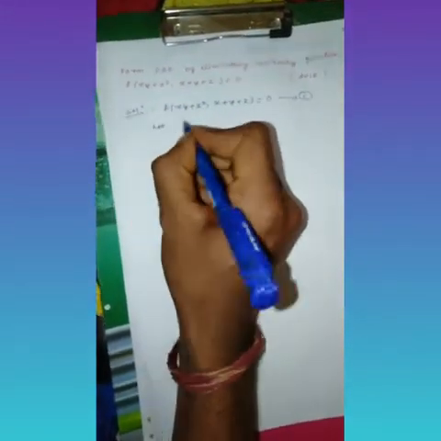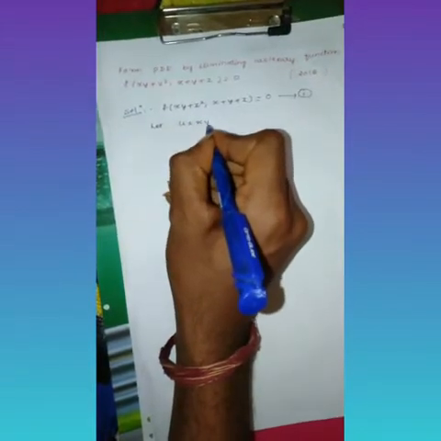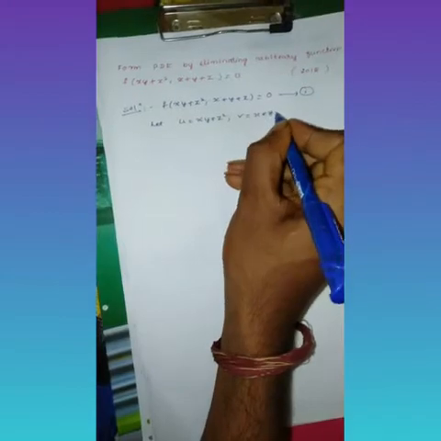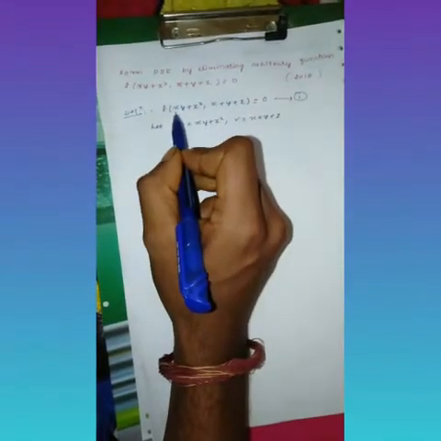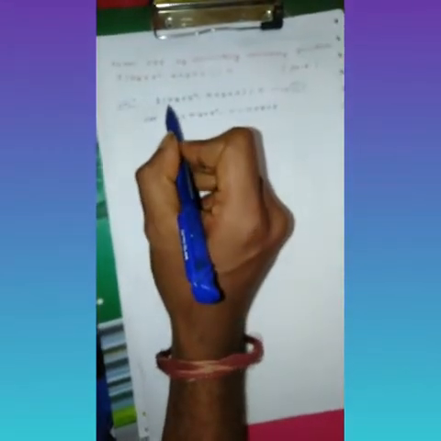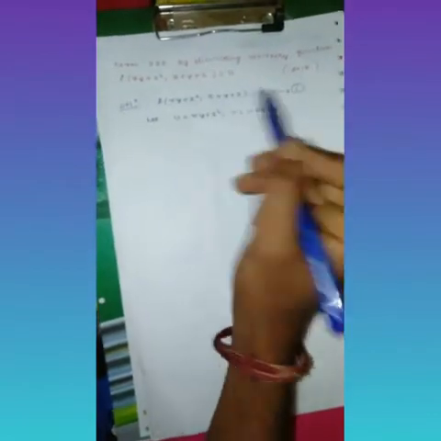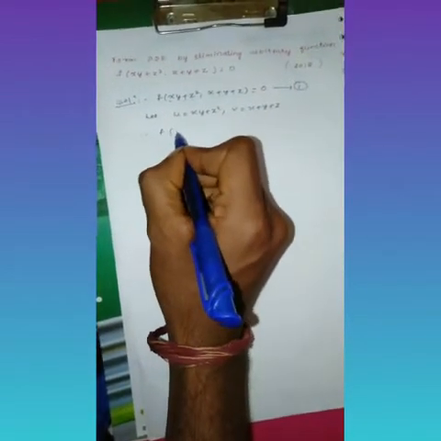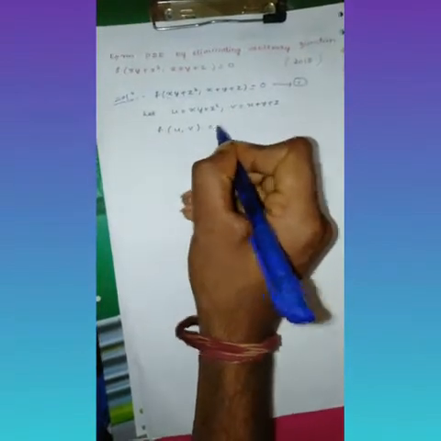Let u is equal to xy plus z square, v is equal to x plus y plus z. I am considering this as u and this as v. Therefore, equation number 1 becomes f of u comma v equal to 0.